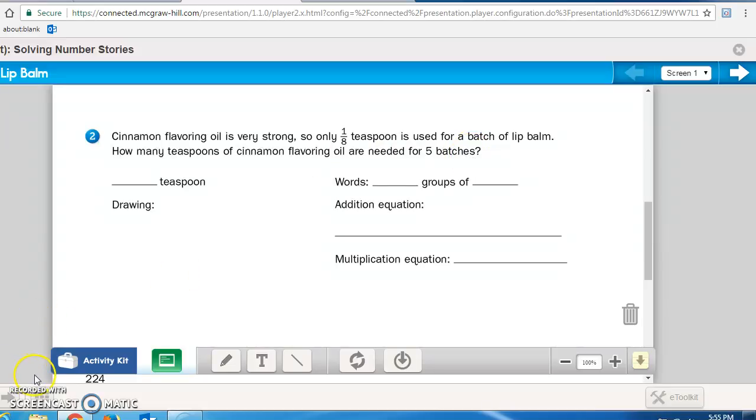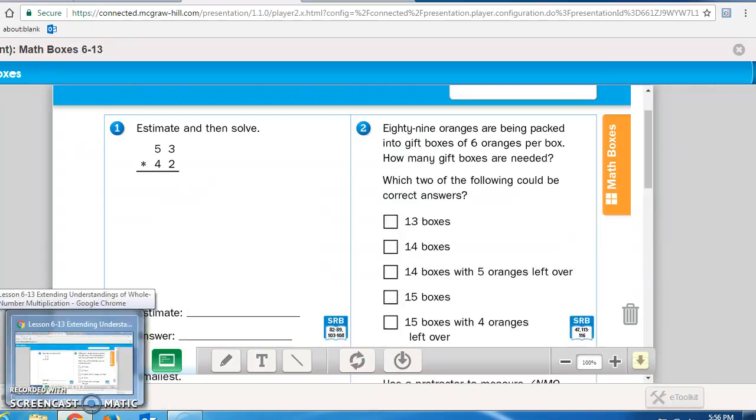Finish again, Math Journal, page 225, and then bring it up to me so I can check it. Once I've checked Math Journal pages 221 and 222 for you, I want to make sure that you go to 224 and 225. I want you to go back to Math Journal, page 223.